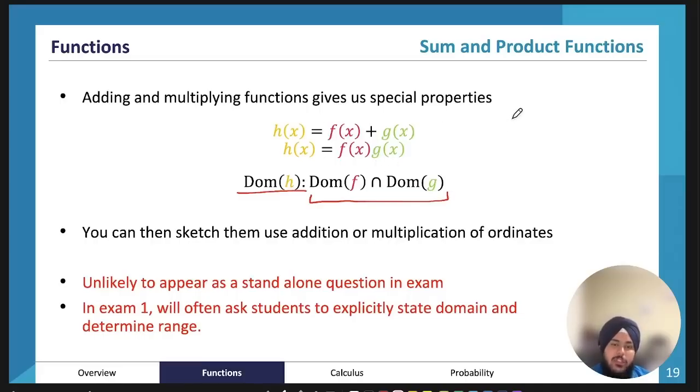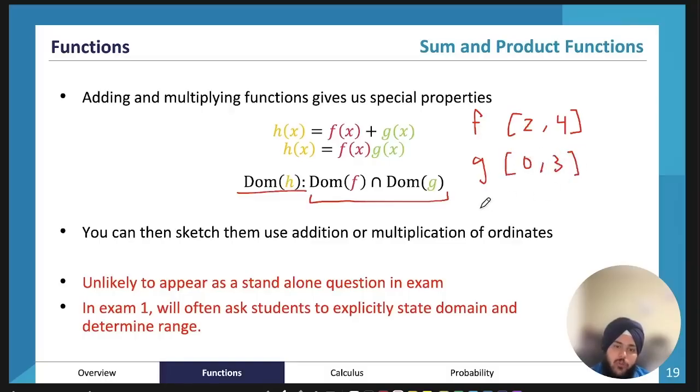And that's because, let's just say you have a function f of x defined from 2 to 4, for example. And you have g of x, let's just say, defined for 0 to 3.